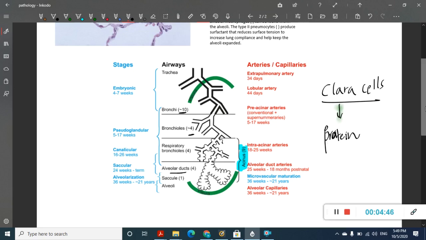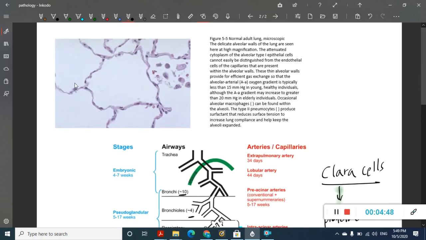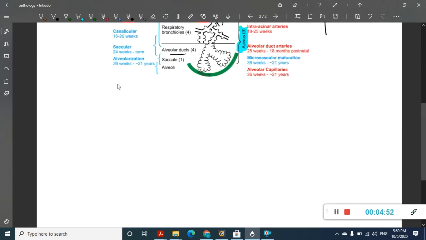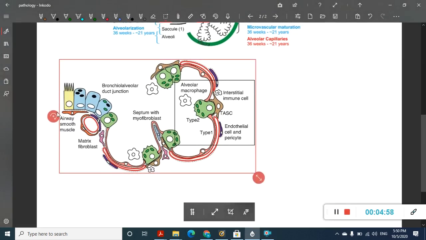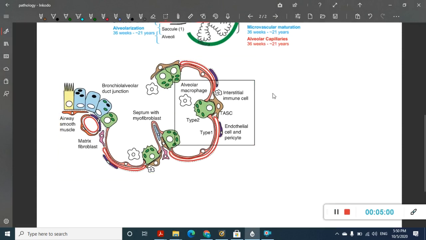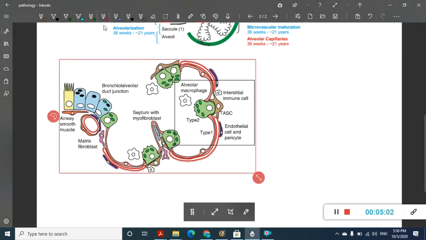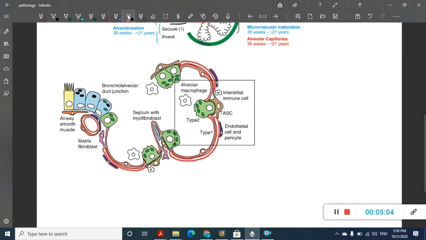Okay, now the alveoli. Before going into that, I'll just download a small picture. This is the alveoli. In this alveoli you can see two types of pneumocytes present.